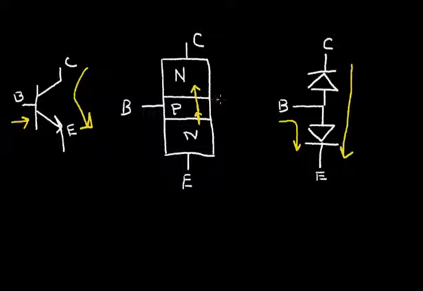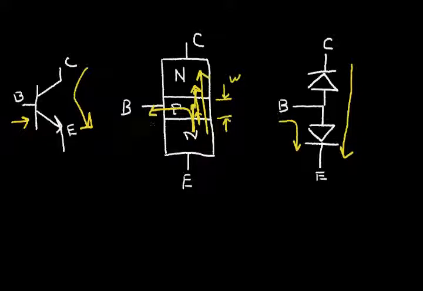Because this base region, the width of this base region, I'll call it W, is made very thin. So when the diode starts to conduct, an enormous amount of electrons will go into this base region from the emitter side, and they will diffuse over into the collector region. And so for a very small current in this direction, electron flow, we get a large current in this direction.